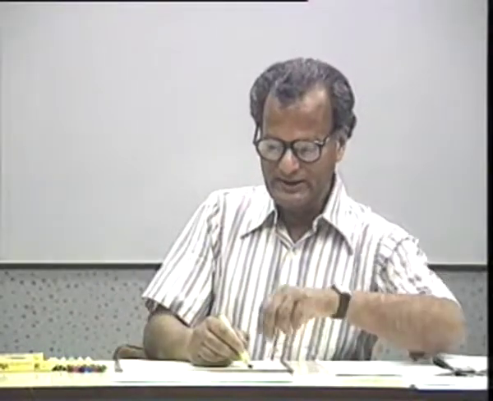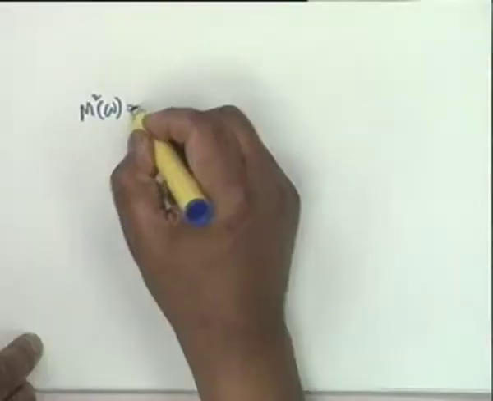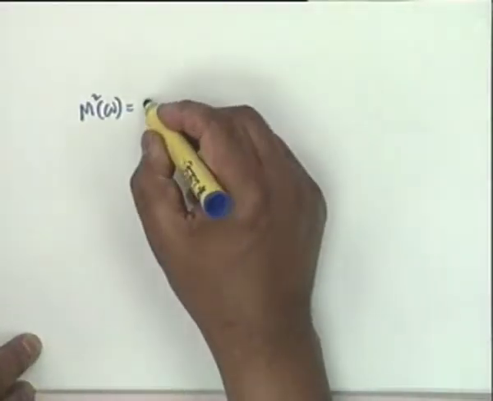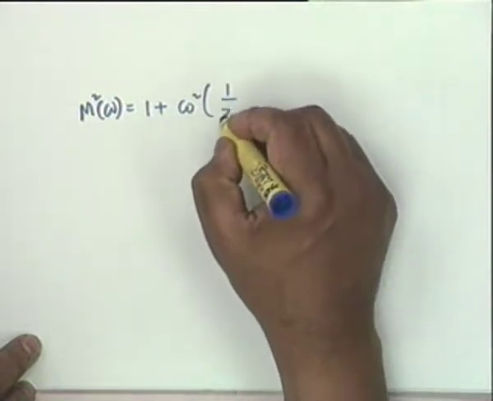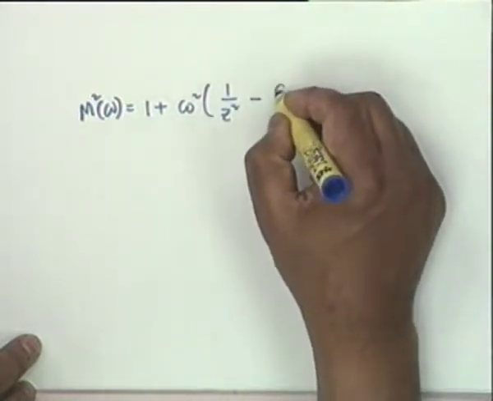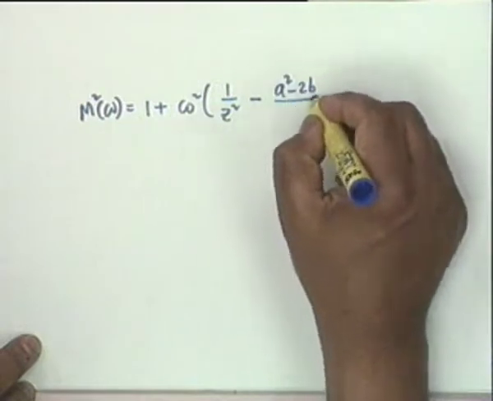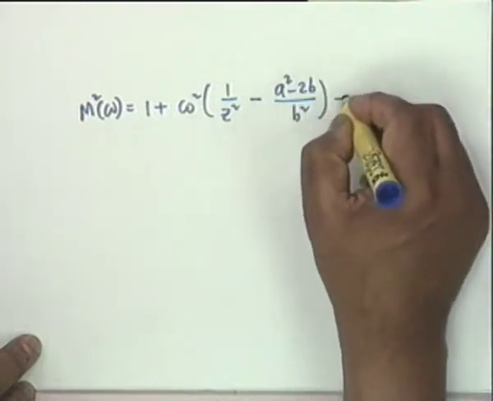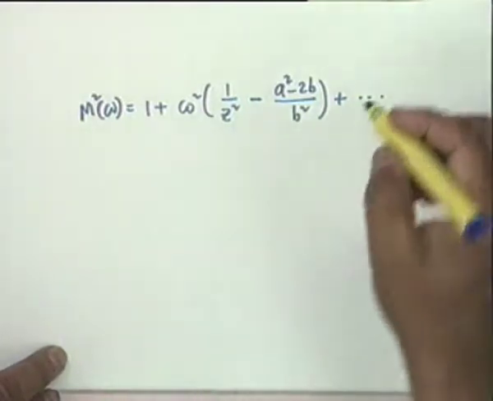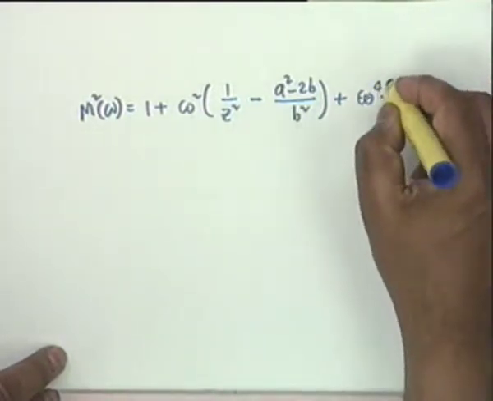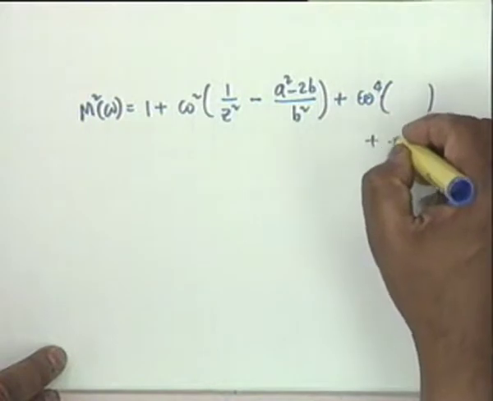Now let us look at this. M squared of omega, if I write as an infinite series, my expression becomes 1 plus omega squared times (1 by z squared minus (a squared minus 2b) divided by b squared) plus etc. Obviously there would be an omega 4th term, and you can find out the coefficient and so on.